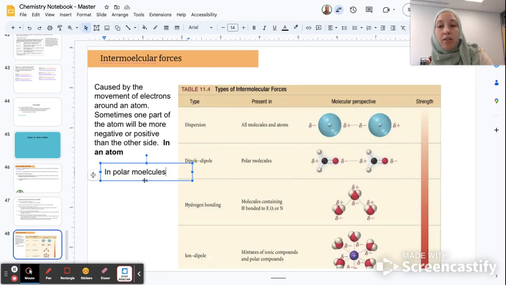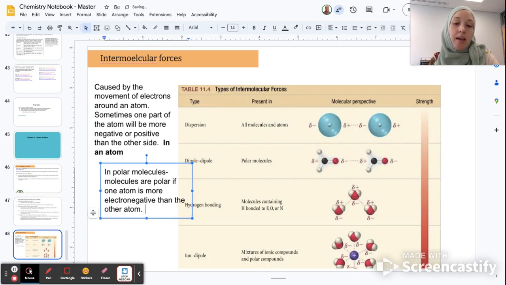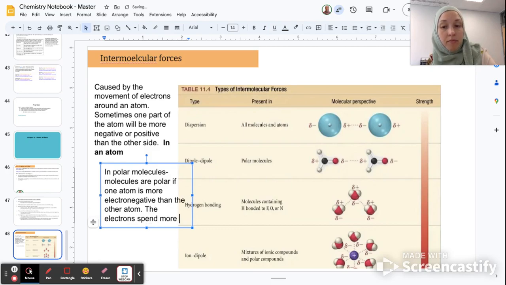Why are molecules polar? Molecules are polar if one atom is more electronegative than the other atom, so the electrons spend more time near the more electronegative atom.